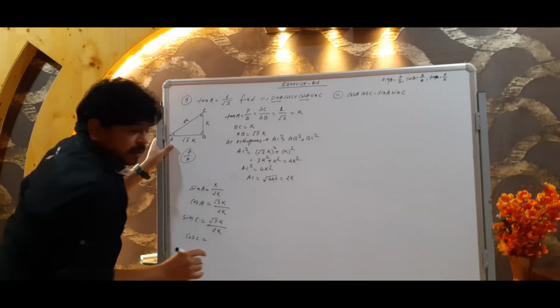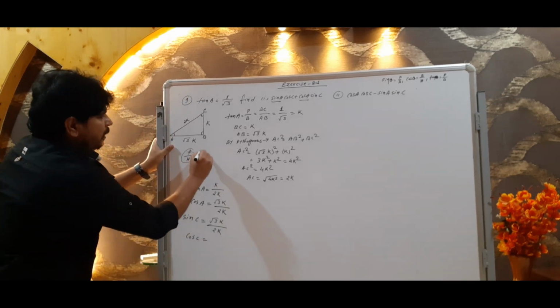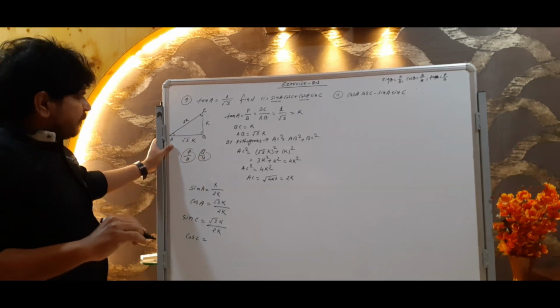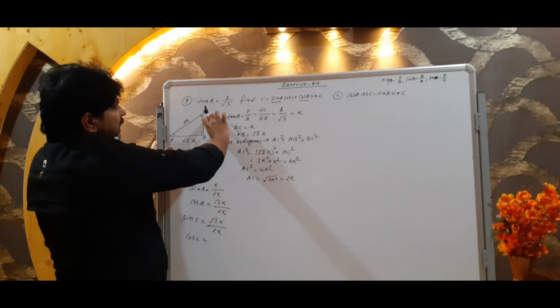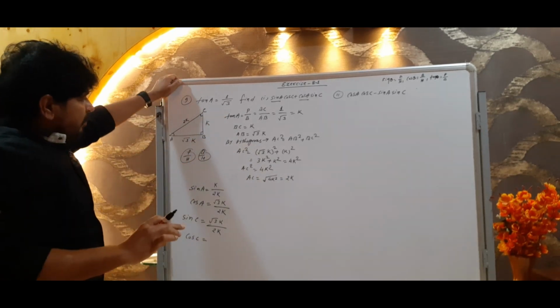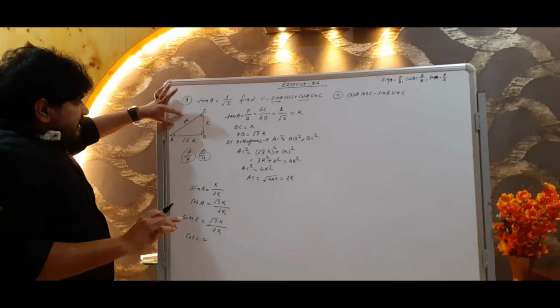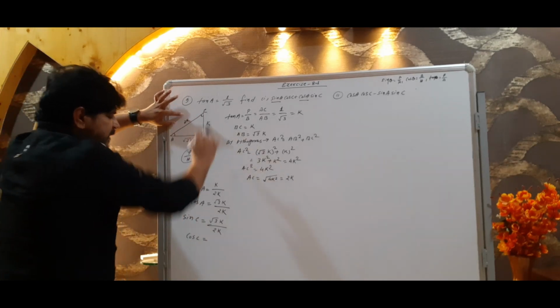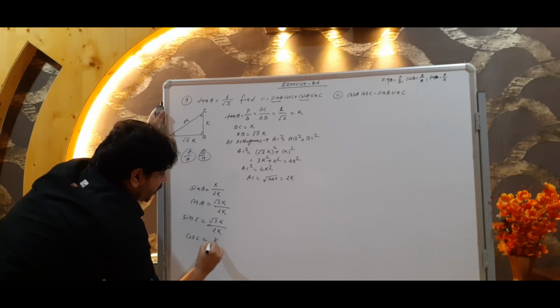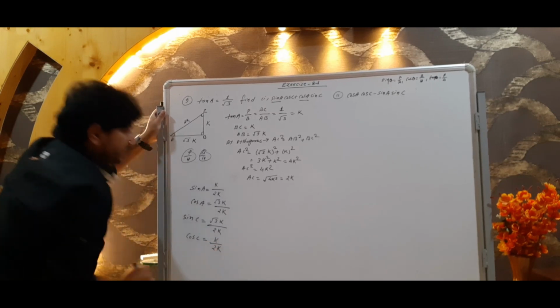Now we have to find out cos C. Cos C means base upon hypotenuse. If we see as per this reference, hypotenuse is this and base would be this, means k upon 2k.